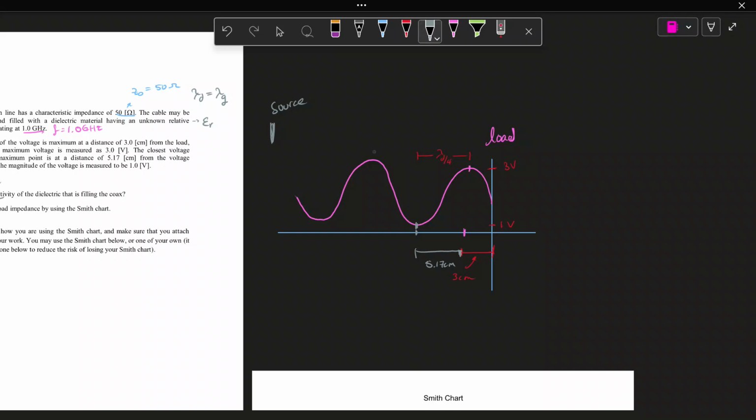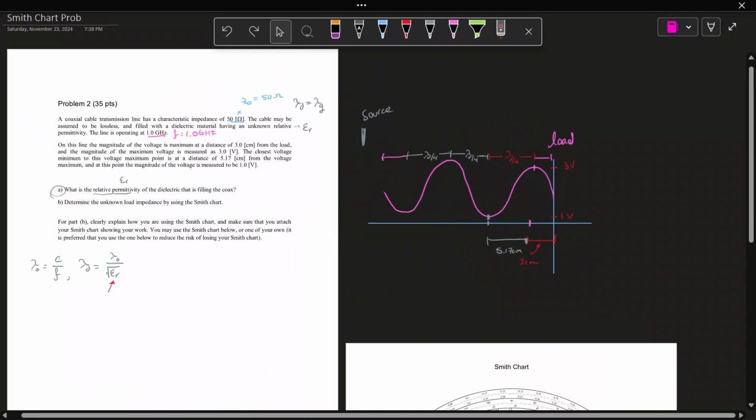Then we have this little distance here and this little distance here, and these two should add up to lambda d over 4.